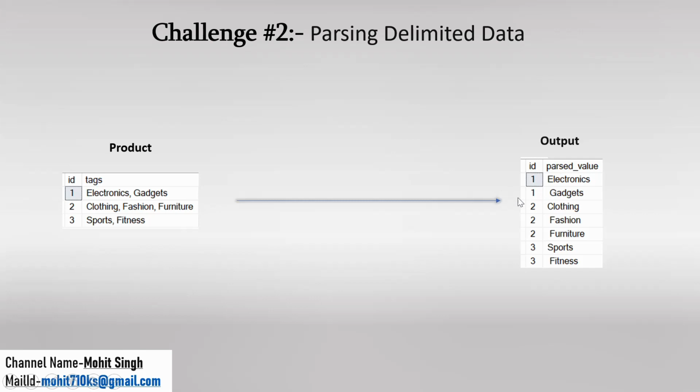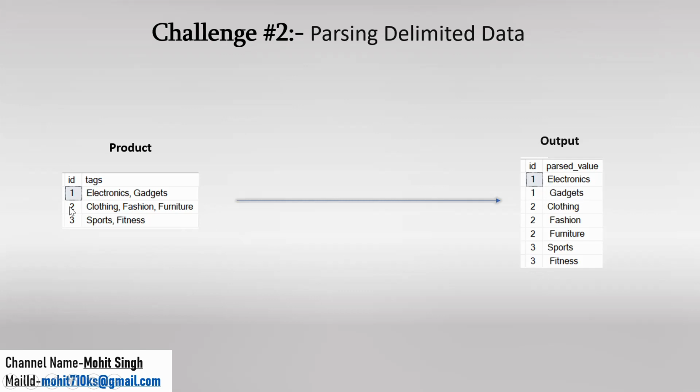For ID 1, we have two rows, and the value in the second column is the same as what we have in the input data, which are comma separated values. If you separate these two values and keep them in different rows, this is how the whole data will look.